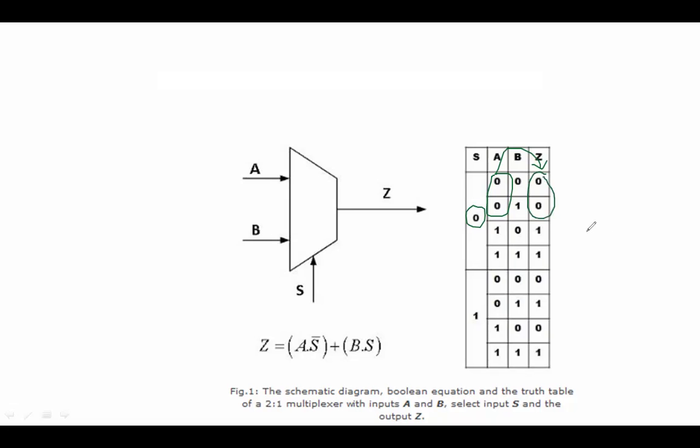Next here, I can even give 1, 1. Now I have selected 0, which means it is only working with A, so 1, 1 will come and sit here. Based on your select lines, it's going to replicate the output, whatever is in your input. In the other case, whenever it is 1, then B is going to get selected. Here you can see 0, 1, 0, 1, so these two things are the same.